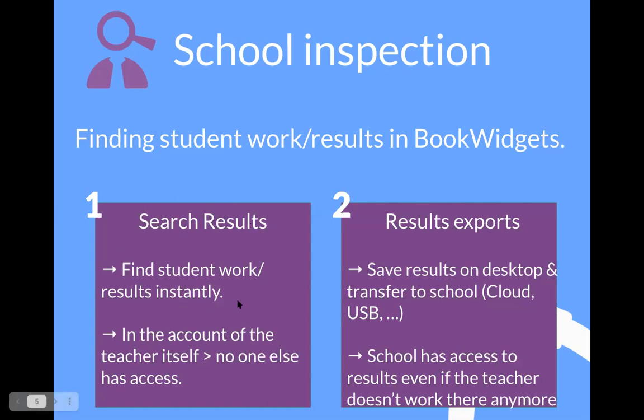In search results, you can instantly look for student work. Those are results that, of course, happened in the past. In the past year or even further back, you can search for results, bring them up, and show them to the inspector right at that moment.